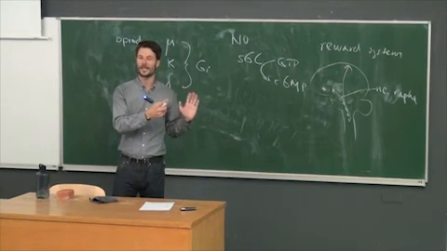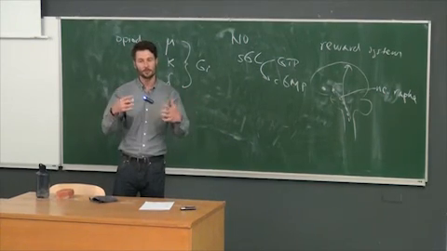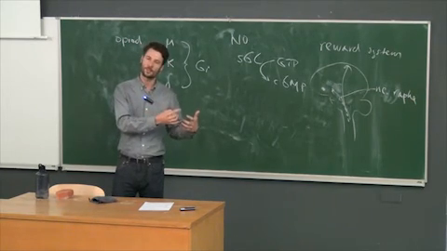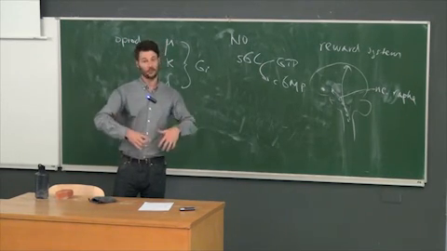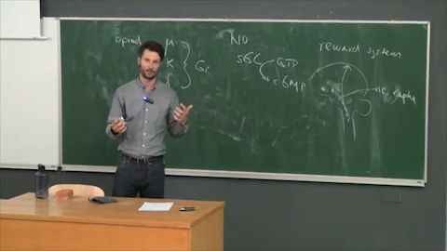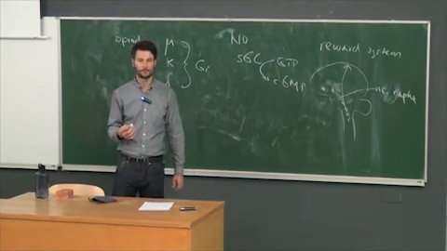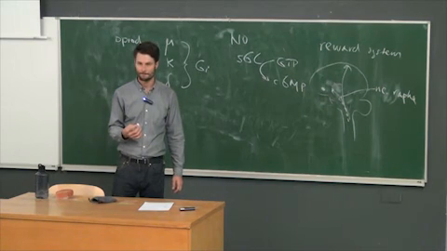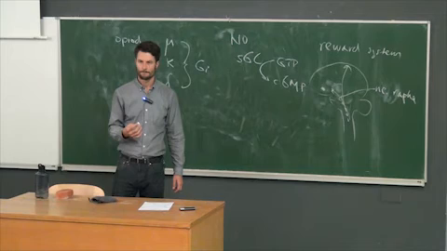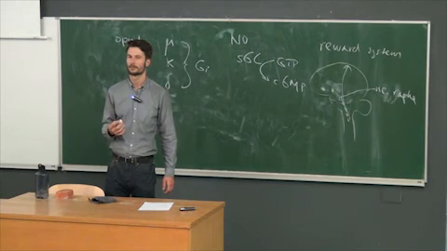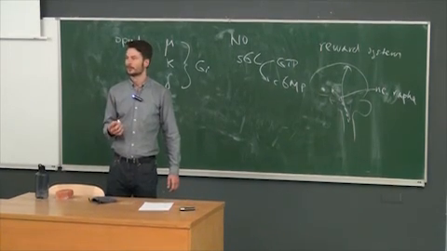I picked NMDA receptor because it has interesting properties, and we sort of know why it needs these properties. But the other receptors are just everywhere, and they mediate all sorts of things. And it's the same with GABA.